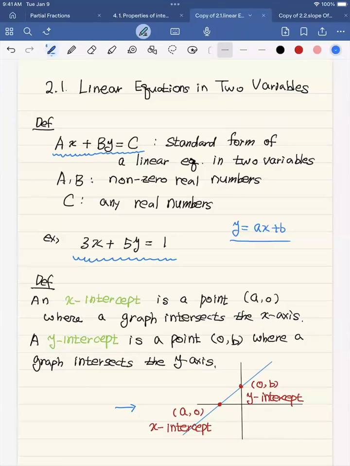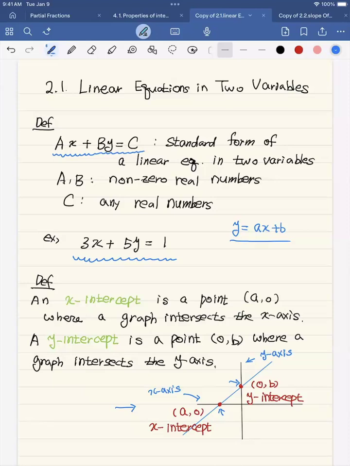The x-intercept is a point where the straight line hits the x-axis. This horizontal line is the x-axis, and this vertical line is the y-axis. The y-intercept is a point where the straight line meets the y-axis.